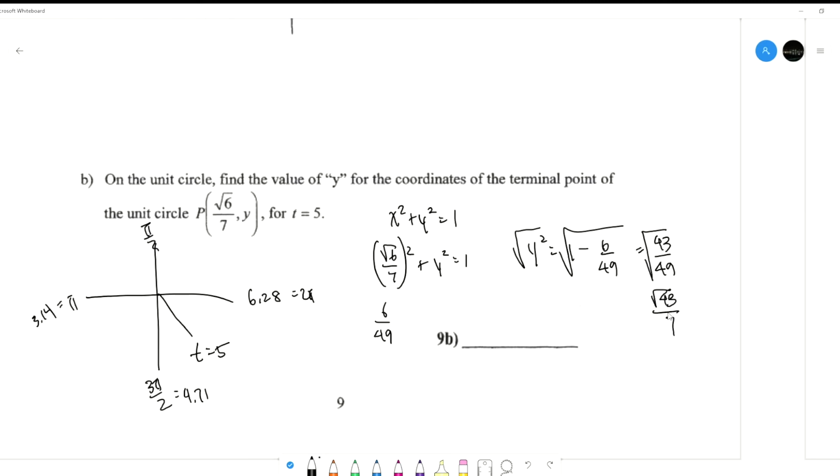So if you do radical 43 over 7, you should get the correct answer. Actually, it doesn't say to, yeah, if this is the exact answer, that's what you would have to write. Otherwise, you could have done it on the calculator as well.